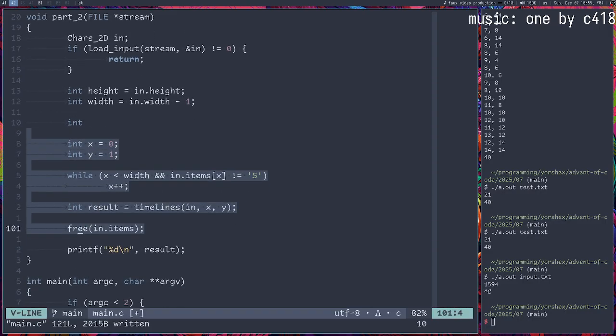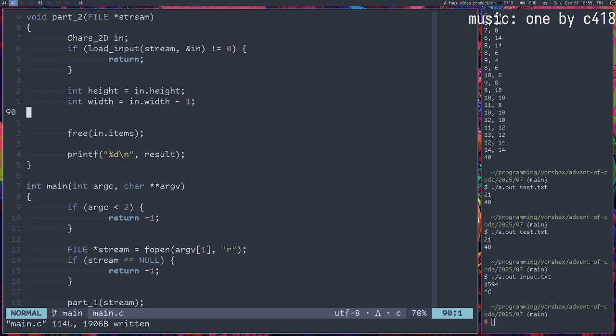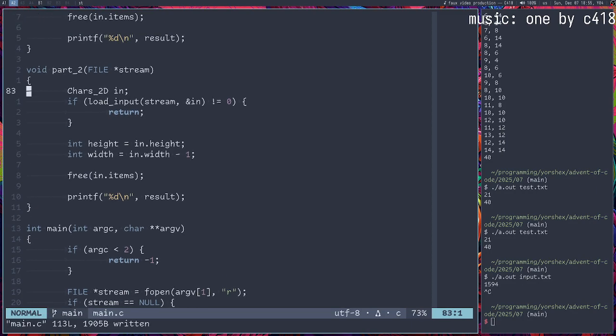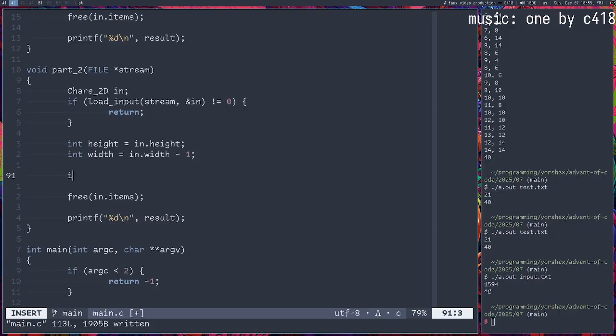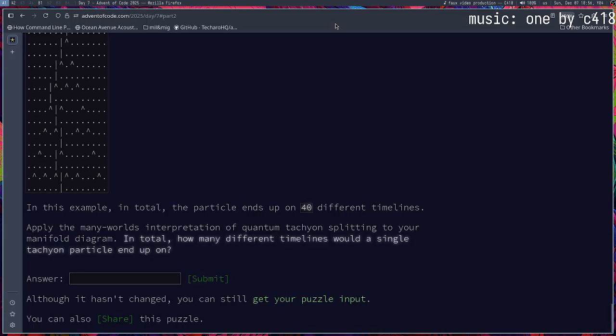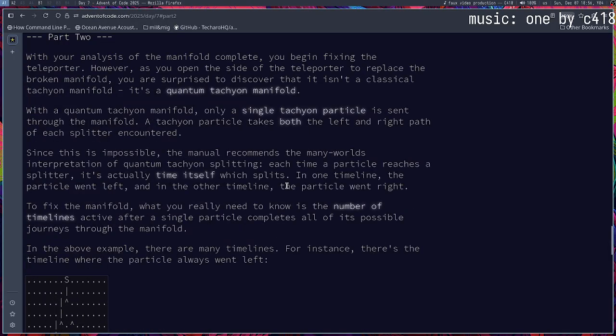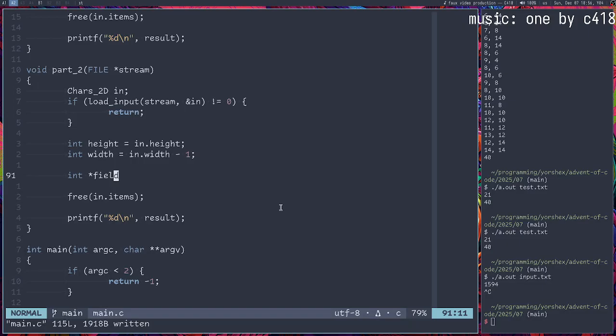I'm gonna get rid of some things here. So let's malloc, what do I call this? No, cells. Let's call this in, and I'm gonna call this in underscore.